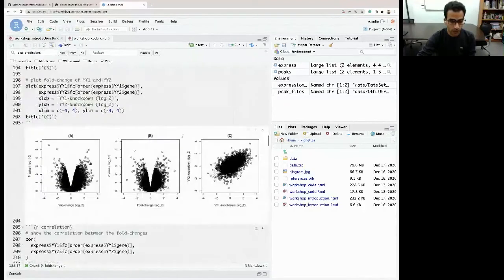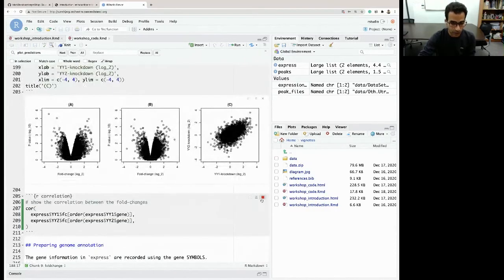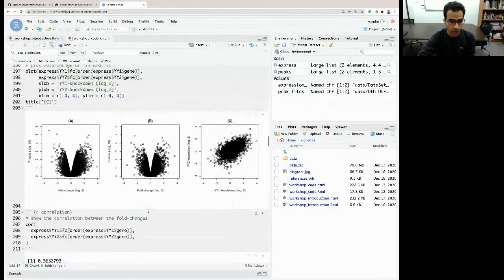And then if I execute that, you see the figure here. Many genes are regulated at a high differential expression, and the differential expression between the two factors is very well correlated. In fact, if we calculate the Pearson correlation coefficient here, we see that it's above 0.5.